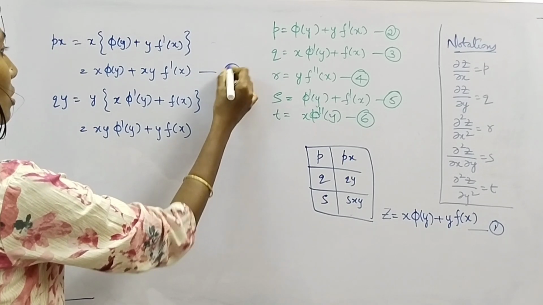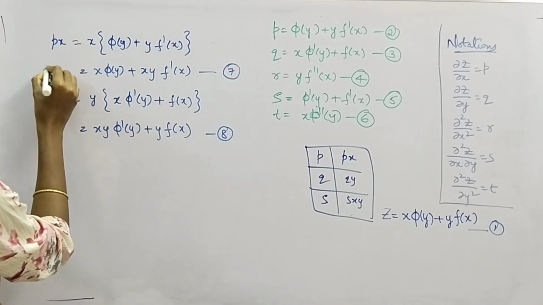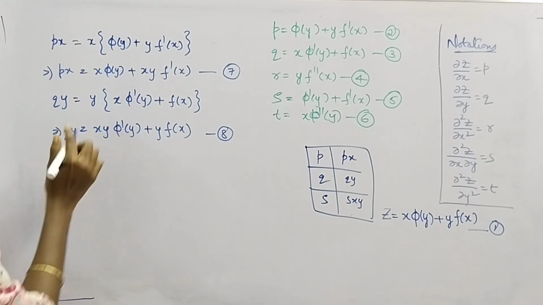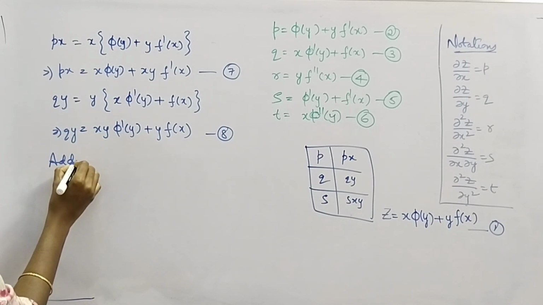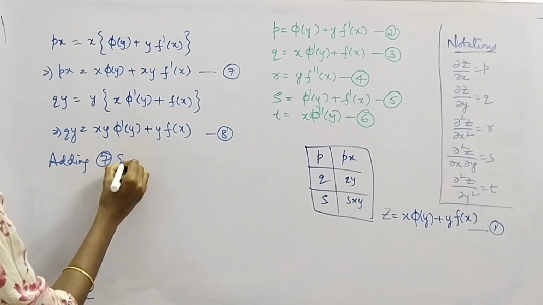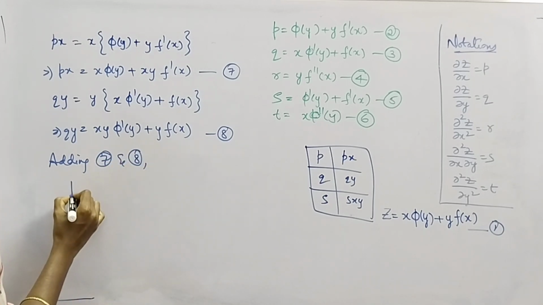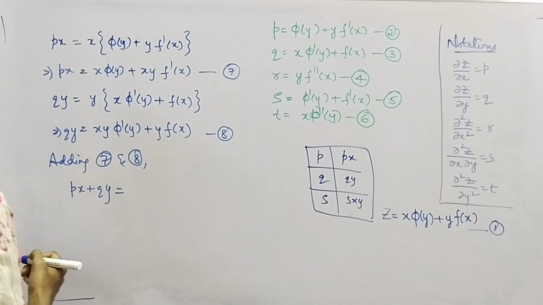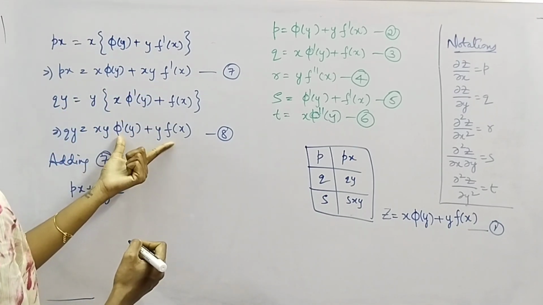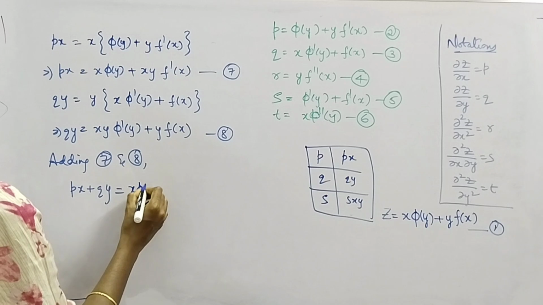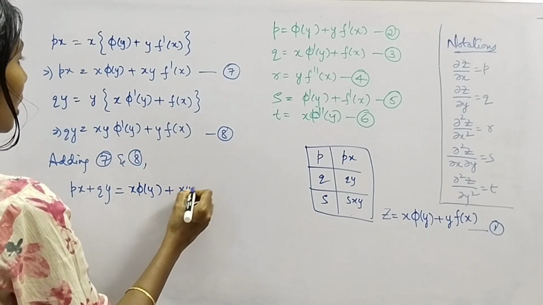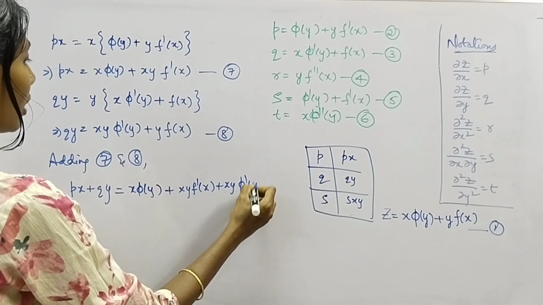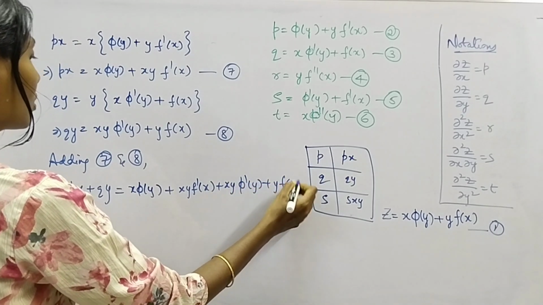Consider this as equation number 7 and this as 8. Now let's add these two. Adding 7 and 8, we get px plus qy, that is LHS of 7 plus LHS of 8, equal to RHS of 7 plus RHS of 8, which gives us x into phi of y plus xy into f dash of x plus xy into phi dash of y plus y into f of x, right?